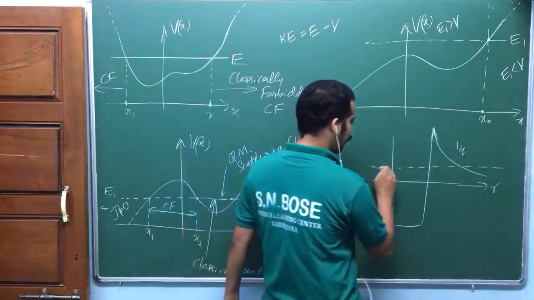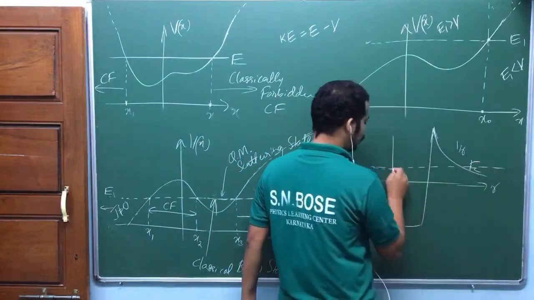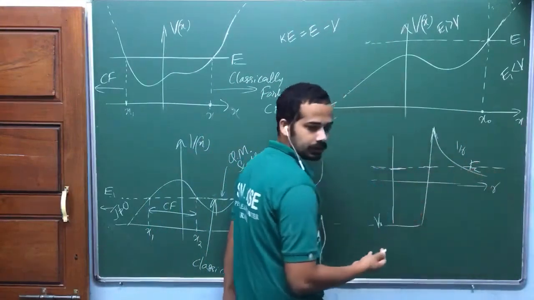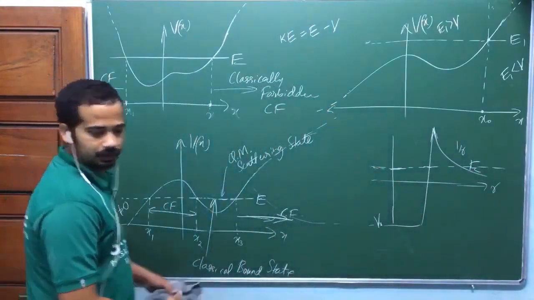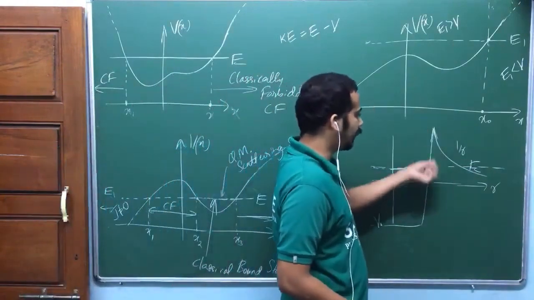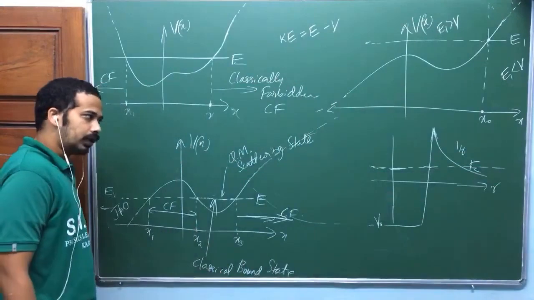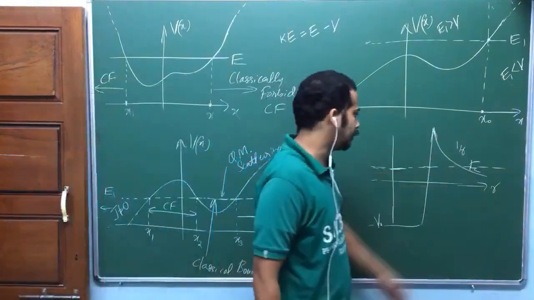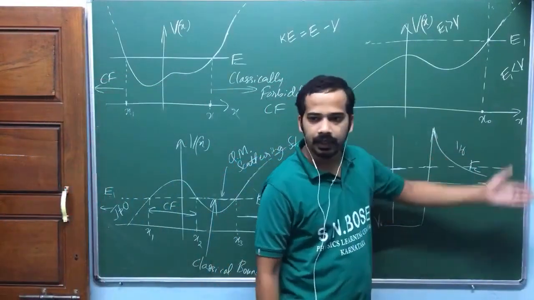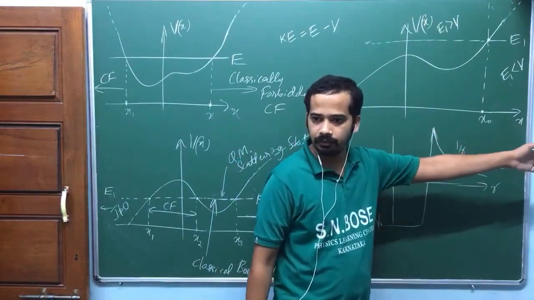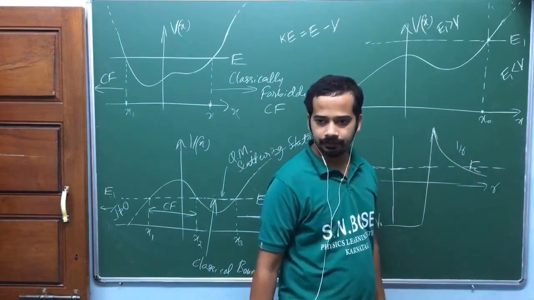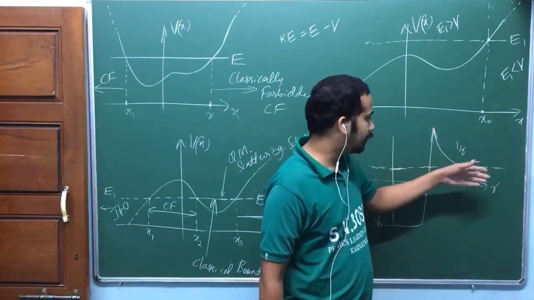Classically, if the alpha particle has this much energy inside the nucleus, it should not come out, isn't it? If its energy is less than the barrier height, it should not come out. But we have alpha decay. We have a practical example where the alpha particle is found outside the nucleus, even though its energy is less than this barrier.